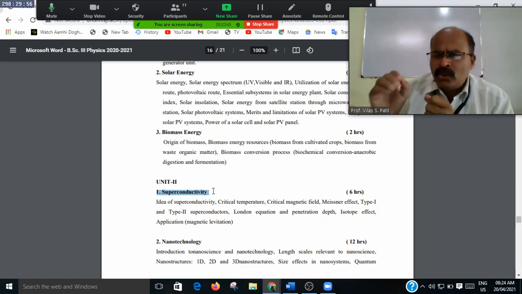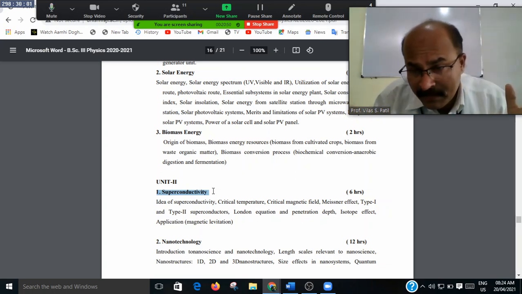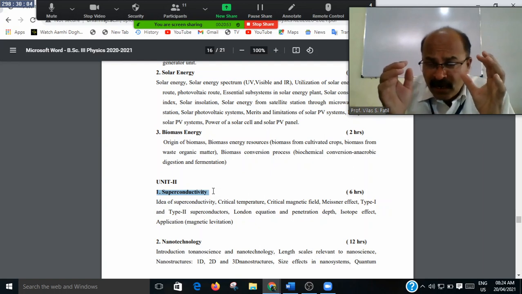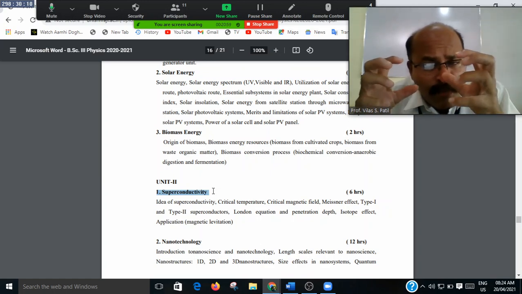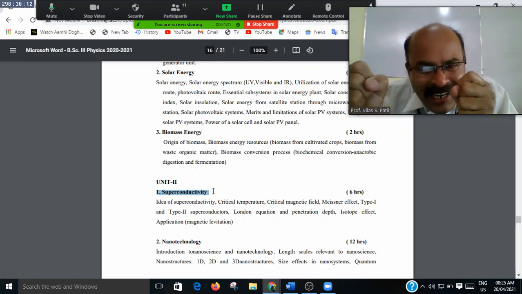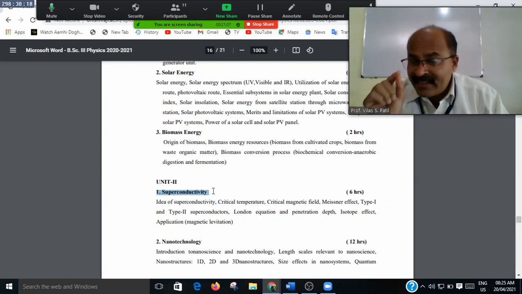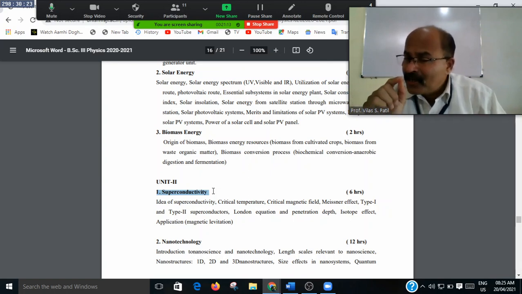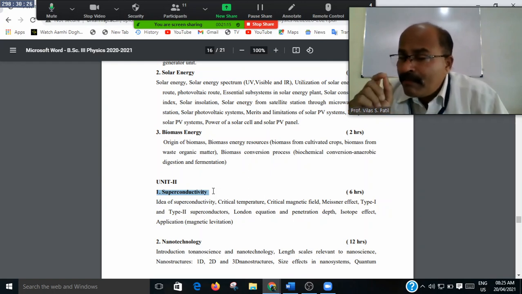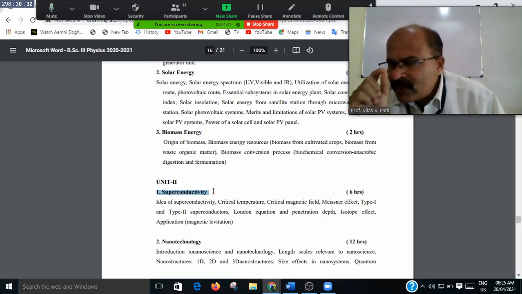It does not act as an insulator, and it does not act as a conductor. It shows the properties of both the insulator as well as the conductor. Such a material is known as a semiconductor.